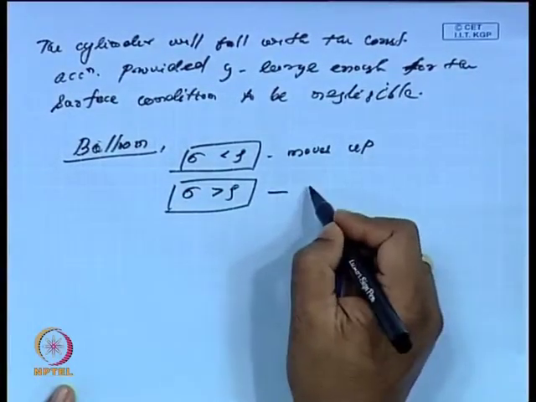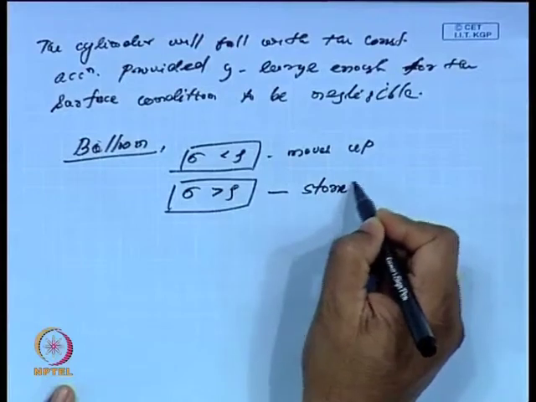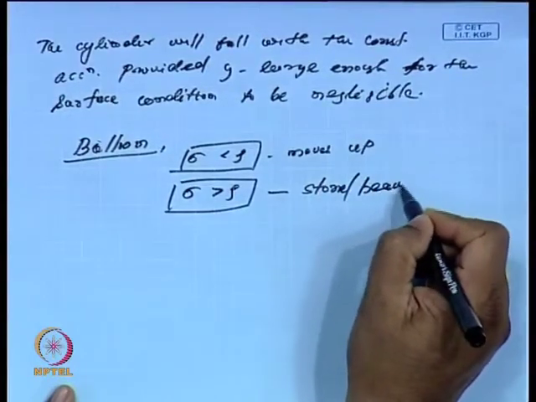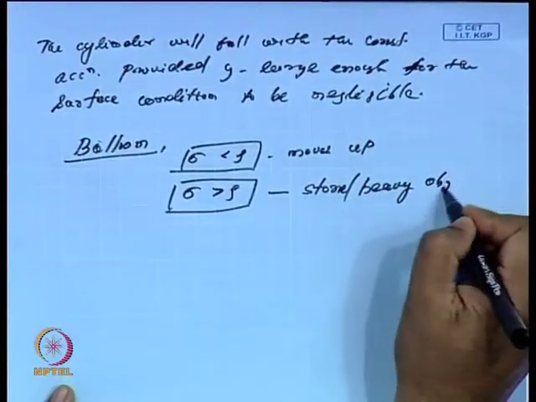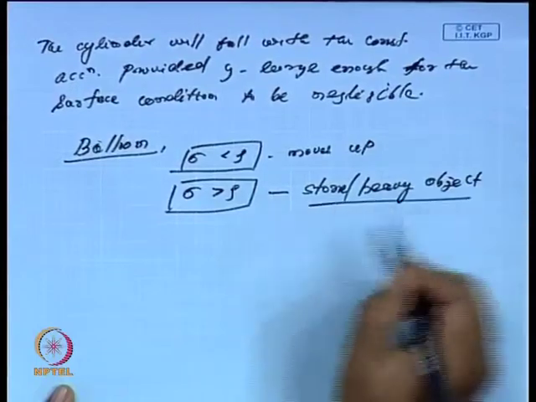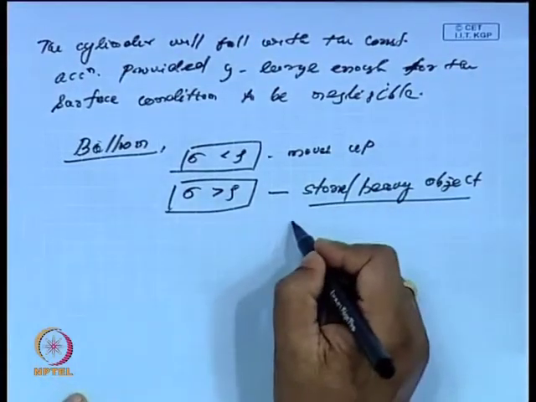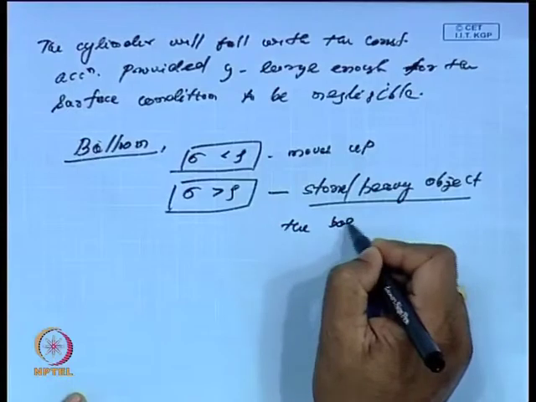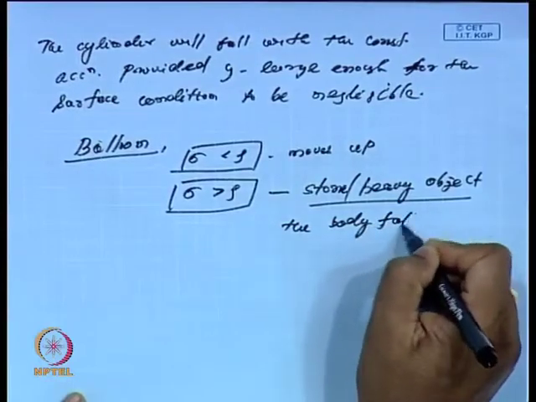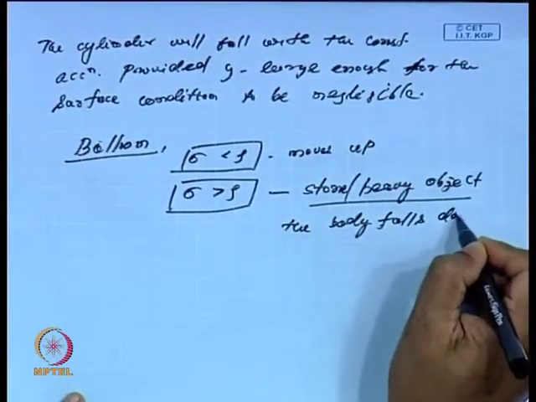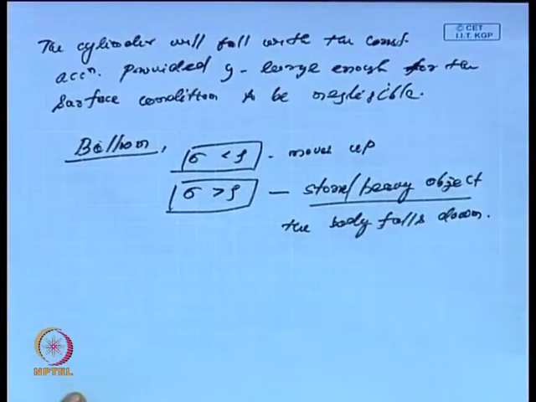On the other hand, in case of a stone or a heavy object, where sigma is greater than rho, the body falls down, even if we have a fluid.